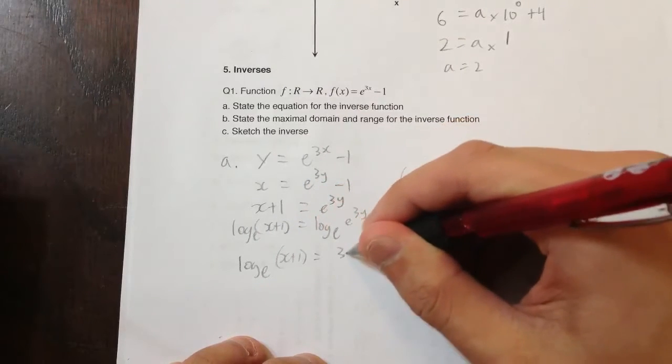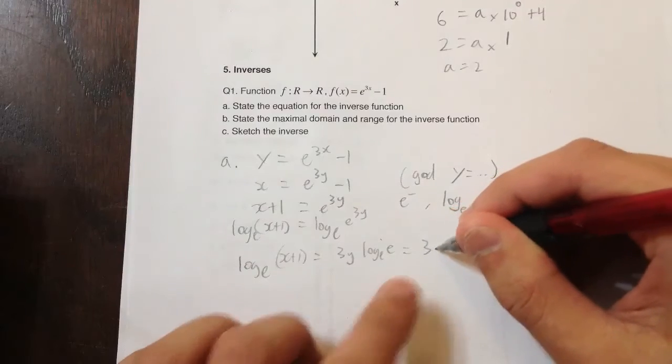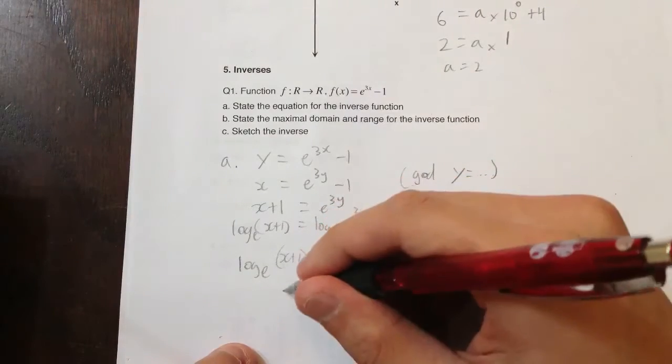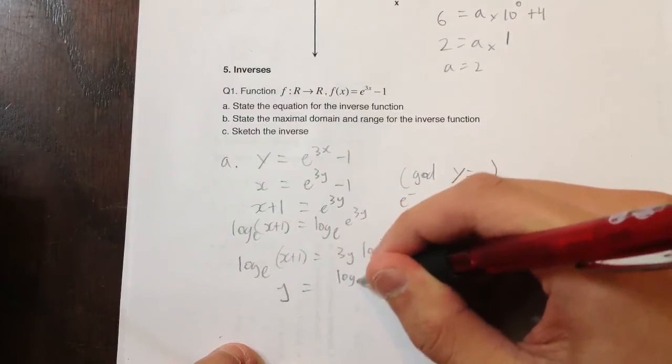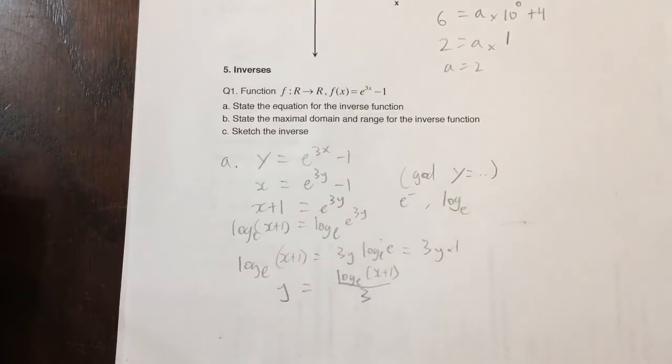You can bring that down: 3y log e, and log e becomes 1. So 3y times 1. Therefore, we take the 3 over. 3y, or y equals log e of x plus 1, on 3. And that's our inverse. Okay.